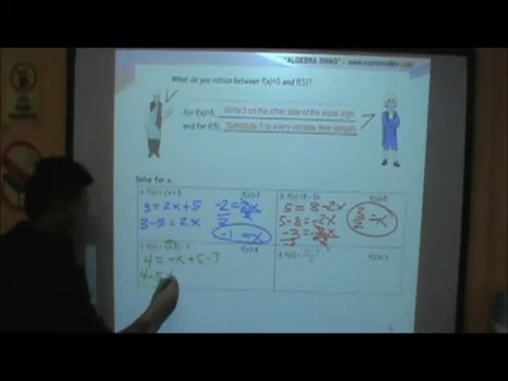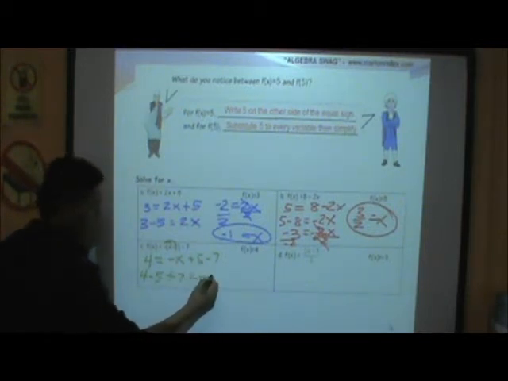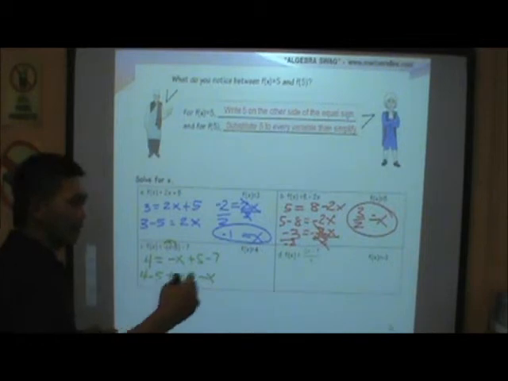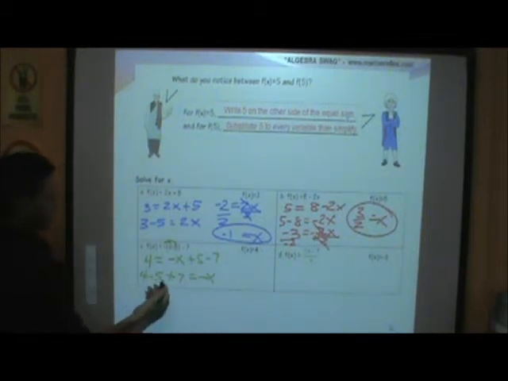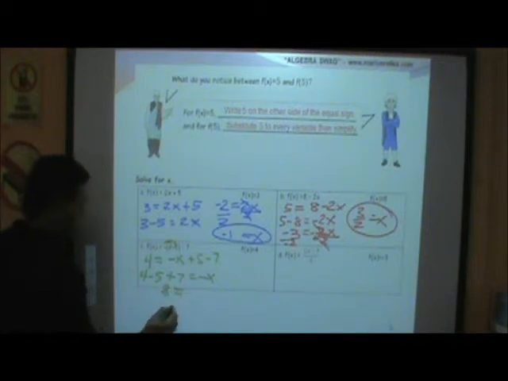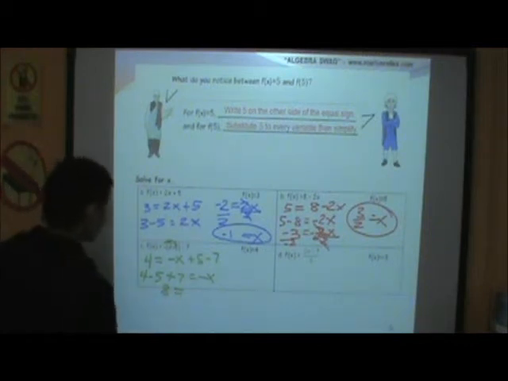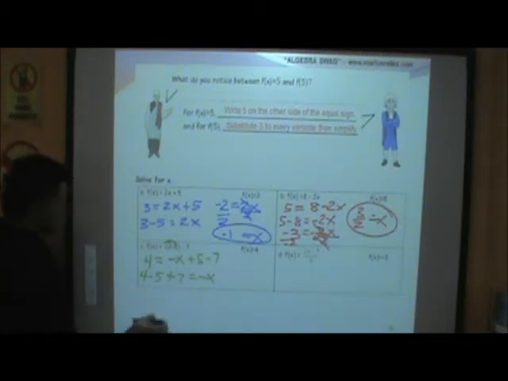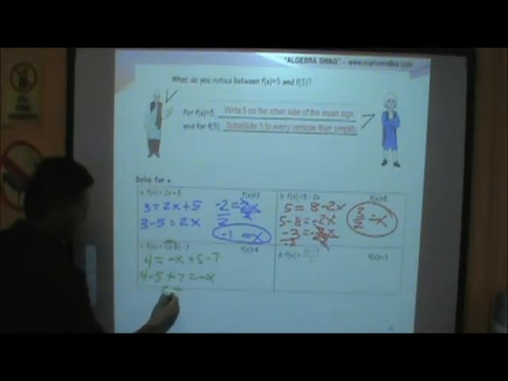Negative 7, I'm going to make it plus 7 equals negative x. So I'm keeping the negative x on the right side. But 4 minus 5 is negative 1, plus 7 is positive 6.